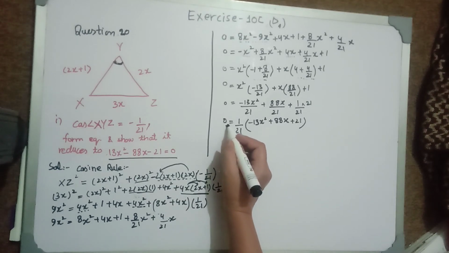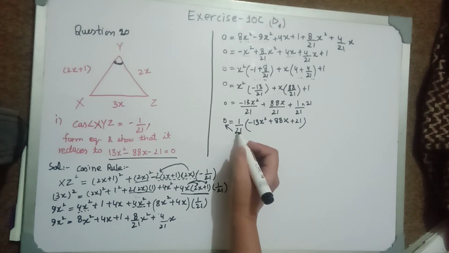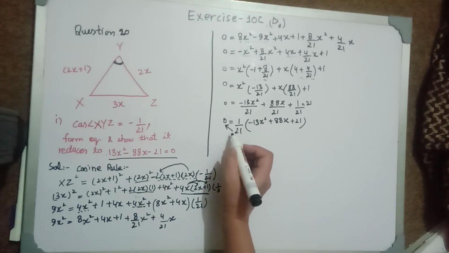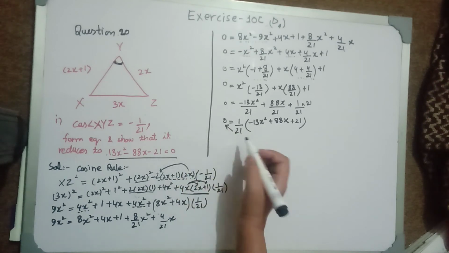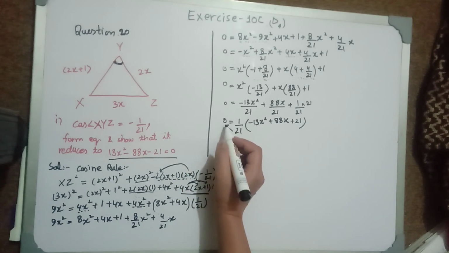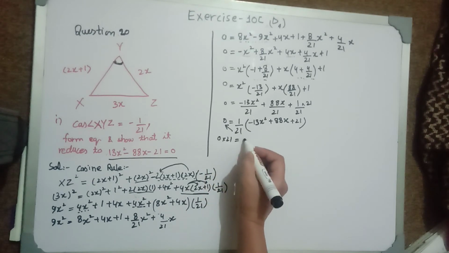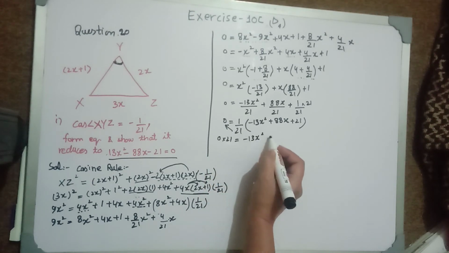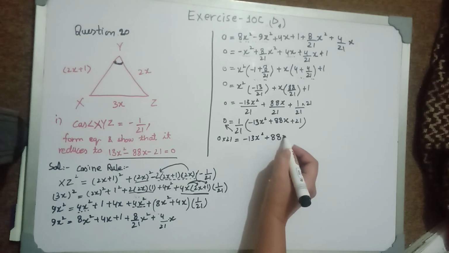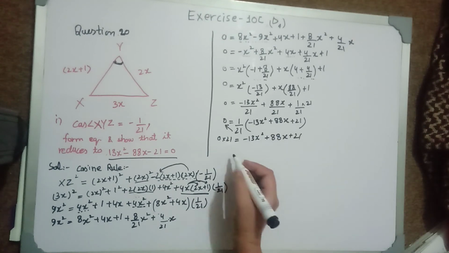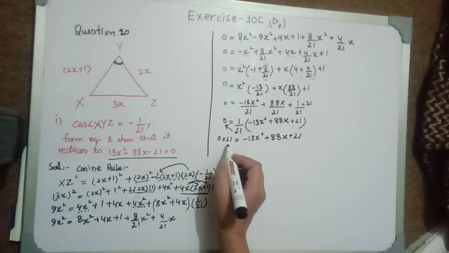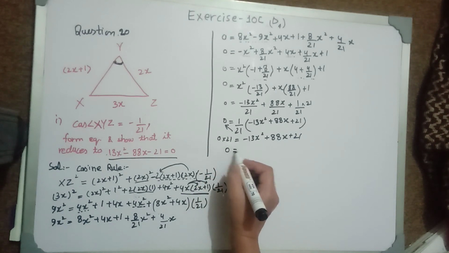So we're going to take this 21 to the opposite side, where it will be multiplied by 0, right? 0 into 21 is equal to minus 13x square plus 88x plus 21, and 0 multiplied by 21 will give 0.